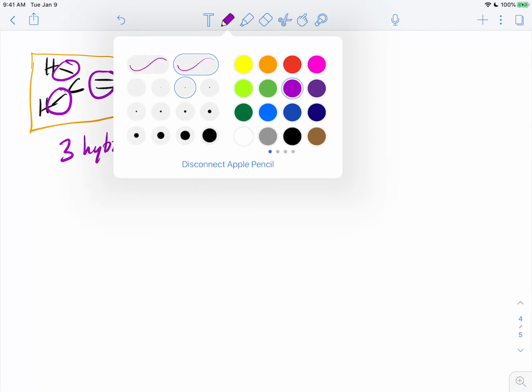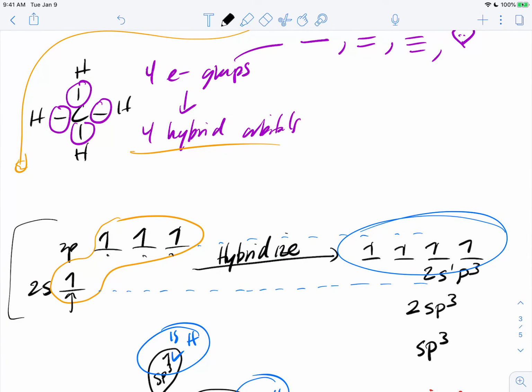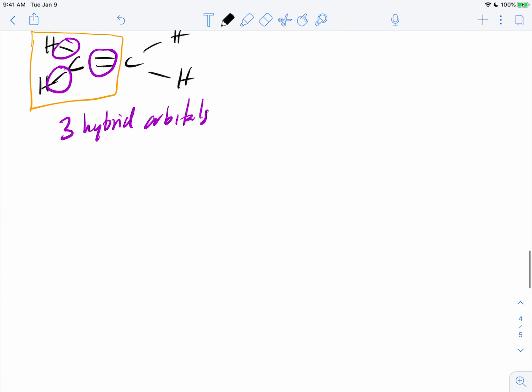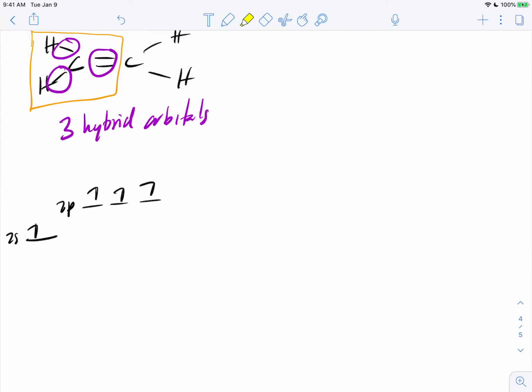Okay. And so we look at the carbon. We're going to go back and draw this where we've already promoted the electron. So for carbon, it's 2s, 1 electron, 2p, 3 electrons each in their own atomic orbital. And now we're going to say, okay, well we need 3 atomic orbitals. So we're always going to take the lowest energy, 2s, and then 2 of the 2p's.